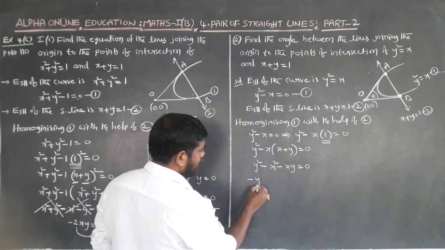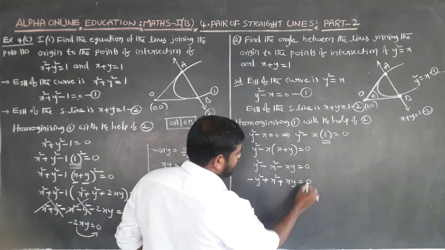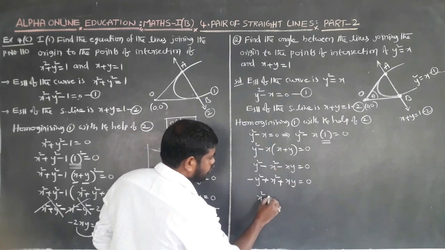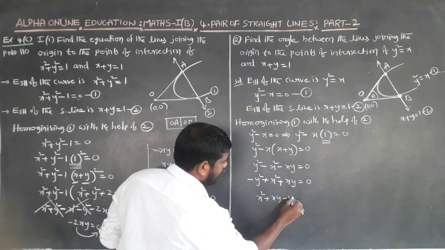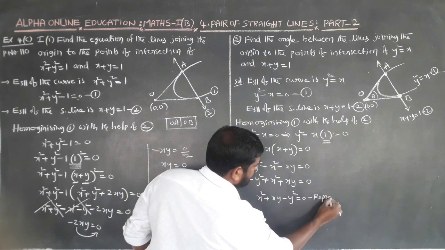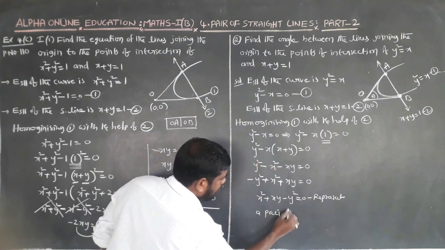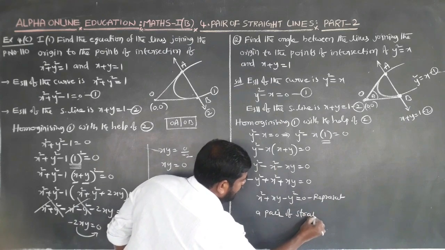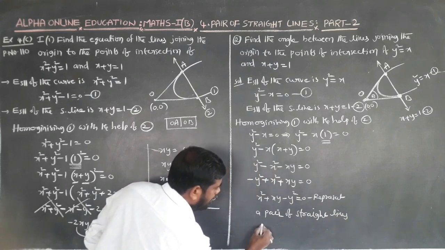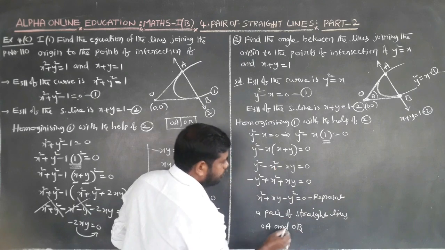Multiply with minus: y square plus x square plus xy is equal to 0. Write orderly: x square plus xy minus y square is equal to 0. This represents a pair of straight lines OA and OB.